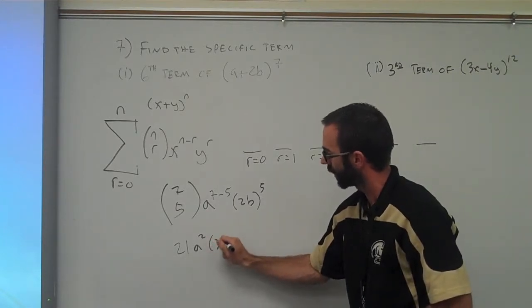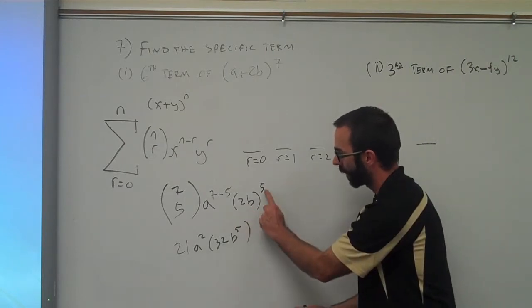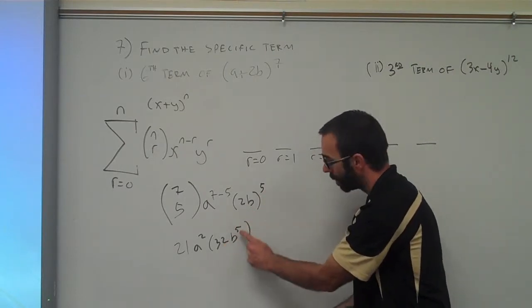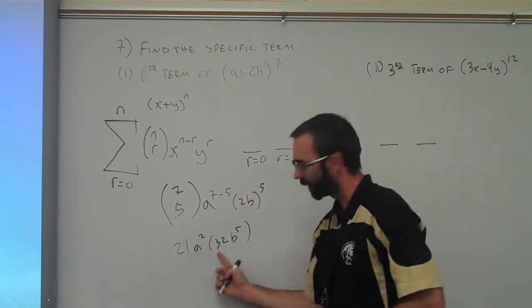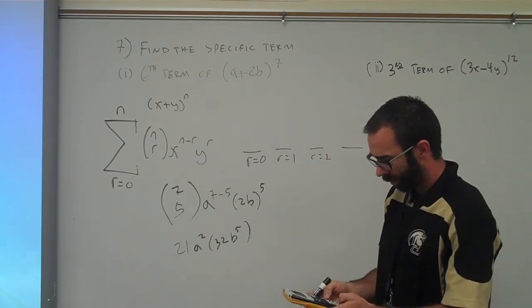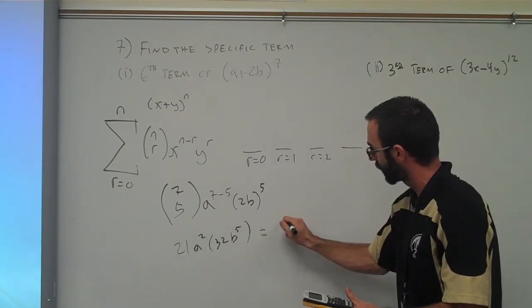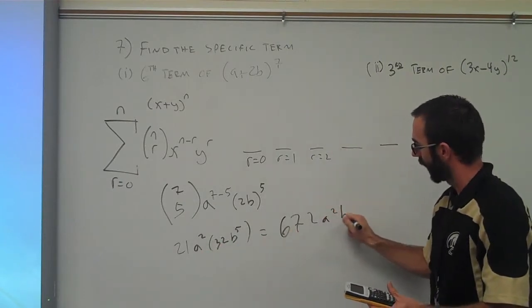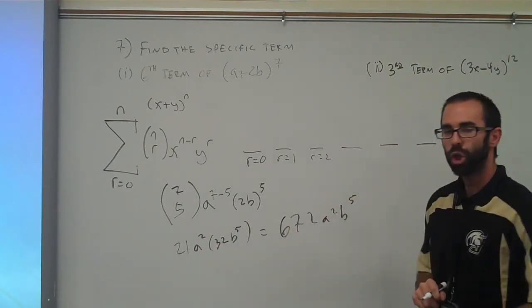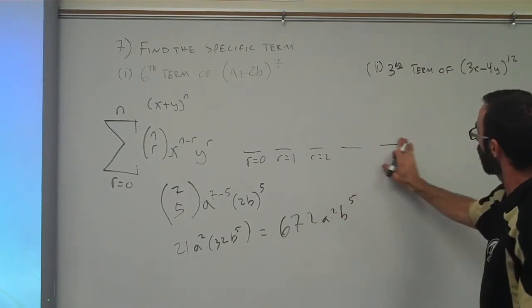So 2 to the power of 5 is 32, and b to the power of 5 stays b to the power of 5. Then we multiply these two, 21 and 32, and that whole thing becomes 672 a squared b to the power of 5. Super chill.